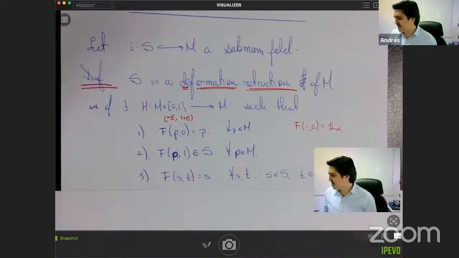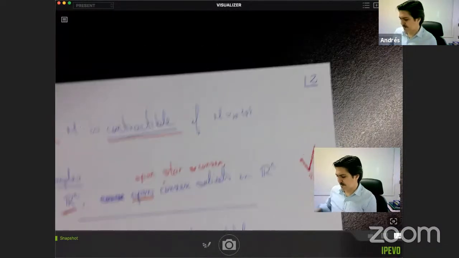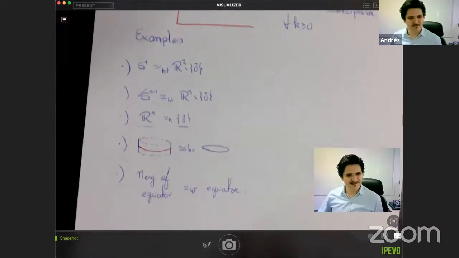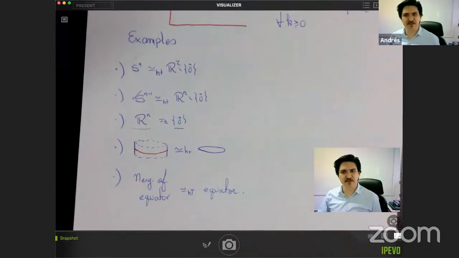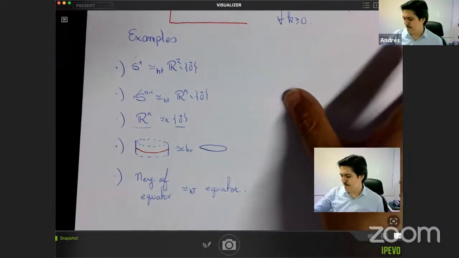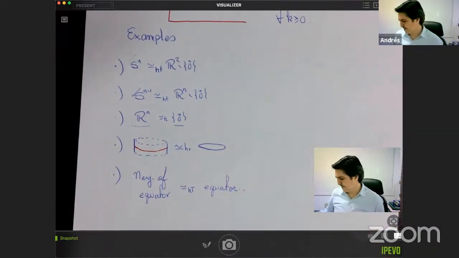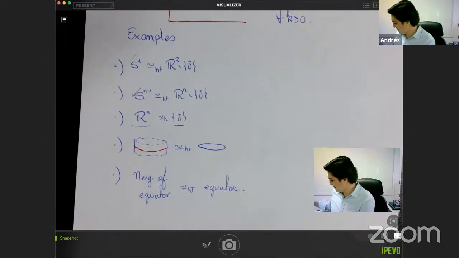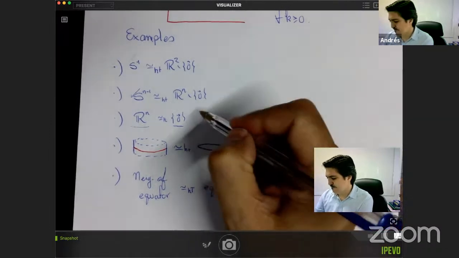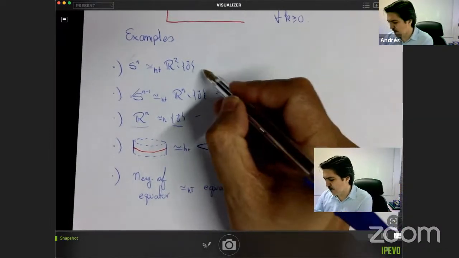And the list of examples, we wrote down the homotopy, but all of these are examples of deformation retractions. For instance, I'm going to make a drawing showing this one, but it also applies to either one of them.